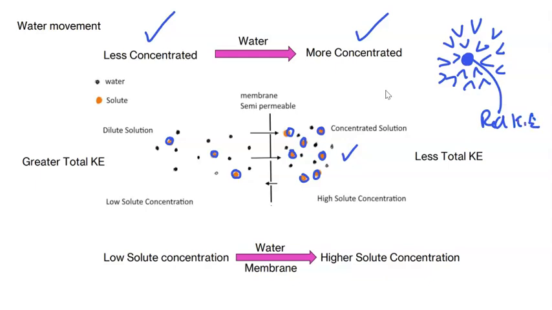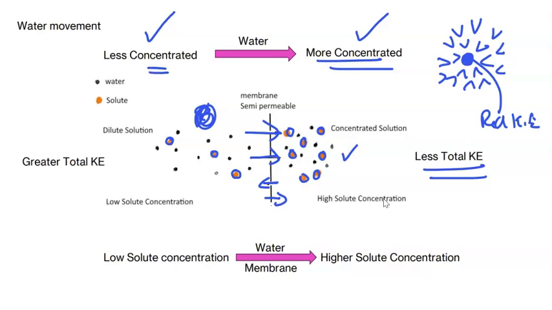But also, the more concentrated we have, the less total kinetic energy there will be. And so the water molecules are free to move in both directions. But because the water molecules on this side here have more kinetic energy, most water molecule movement is from the less concentrated side to the more concentrated side.